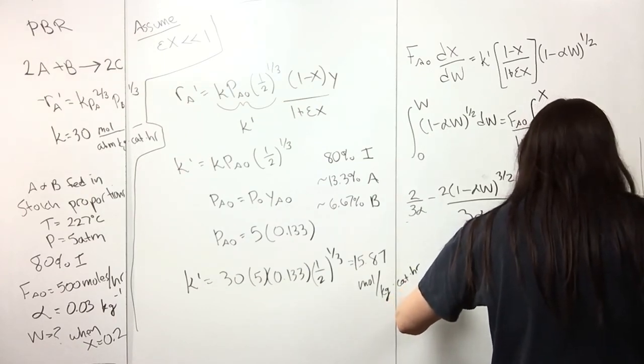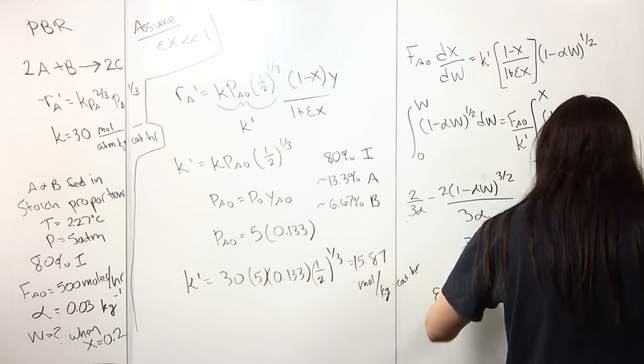So if you remember, epsilon is equal to YA naught delta.